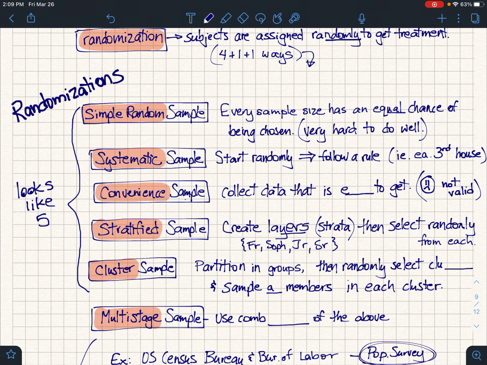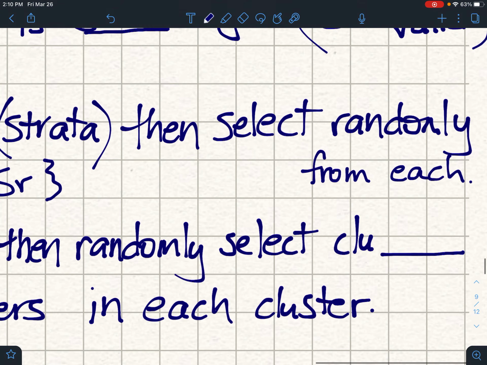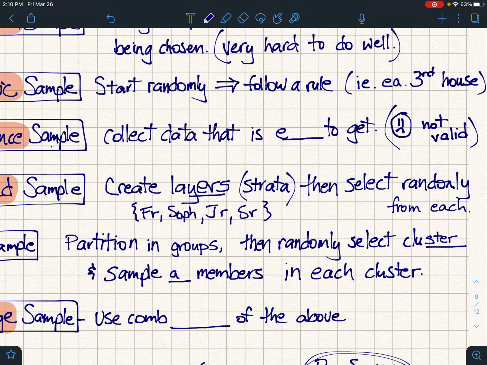Cluster. Here we break our population into groups. So the fancy word is you partition into groups. And you might need to do that more than once, yeah? But we're going to do that until we get little clusters that are small enough, and then you're going to pick those clusters.